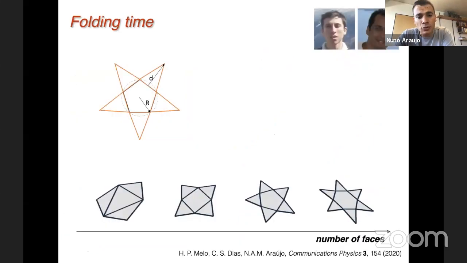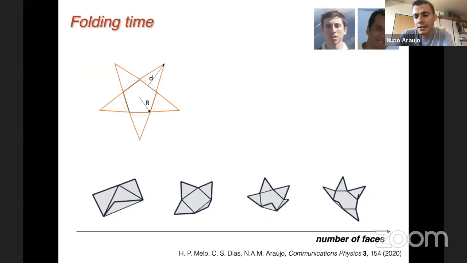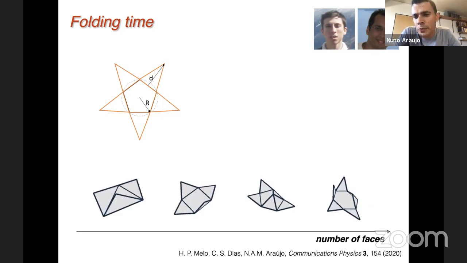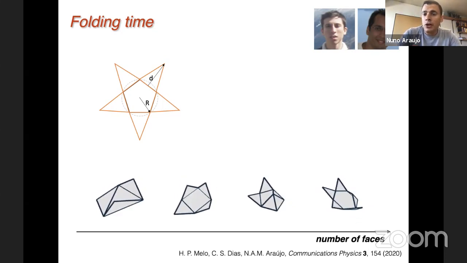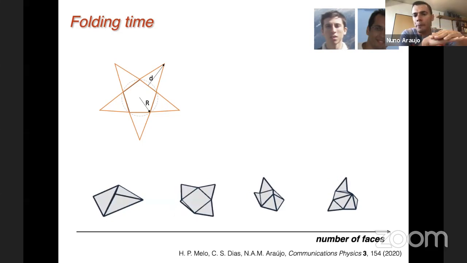And so in order to understand what sets the folding time in self-folding Kirigami, we looked at a very simple problem. To avoid misfolding, we looked into the folding of a pyramid on top of a substrate, so it can only fold to one of the sides.